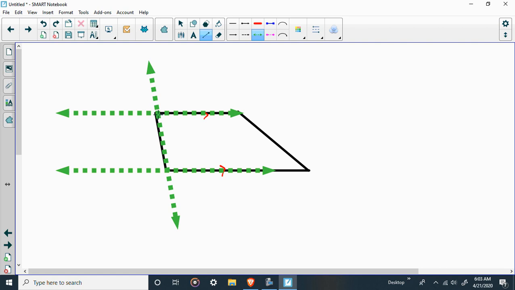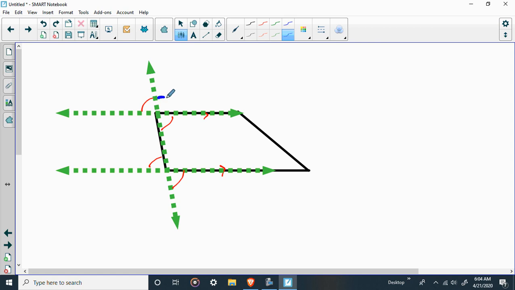So if we think about these sides not as being the individual parts of a trapezoid, but as parts of parallel lines cut by a transversal, well, you guys know that these angles are all congruent, right? These are vertical angles and they were corresponding angles, right?